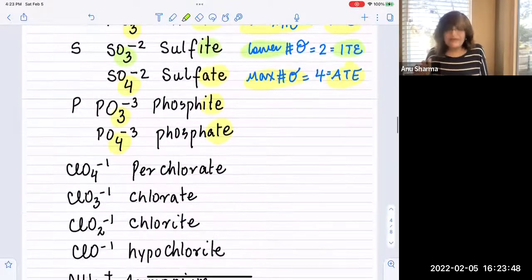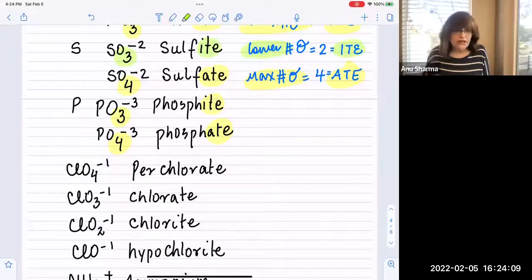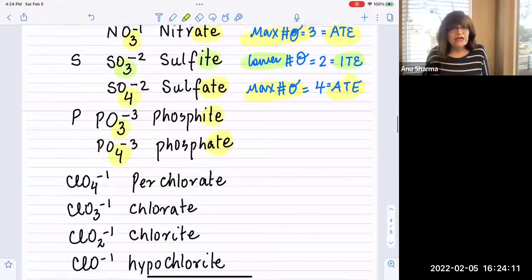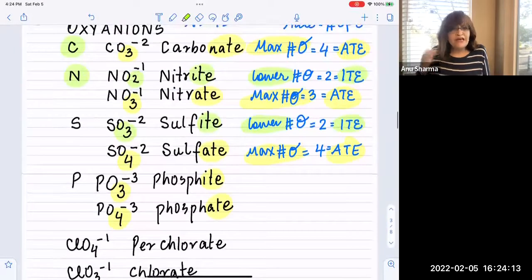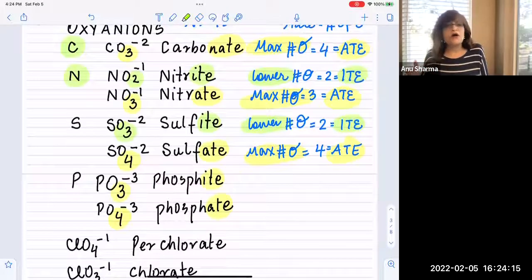Then comes sulfite, -ite, sulfite. Okay, sulfite and sulfate, -ate. Sulfur can attach to a maximum of 3 oxygens in one case and to a maximum of 4 oxygens in the other. The highest oxidation of sulfur is with 4 oxygens. That is why the name is sulfate. So note this, don't get into this mindset that -ate would only apply to 3 oxygens.